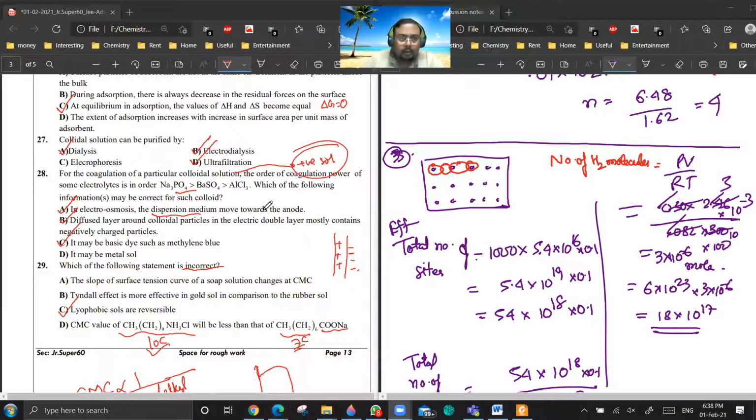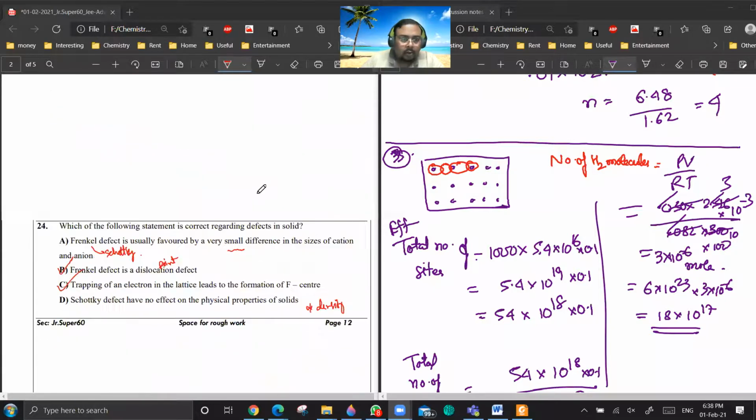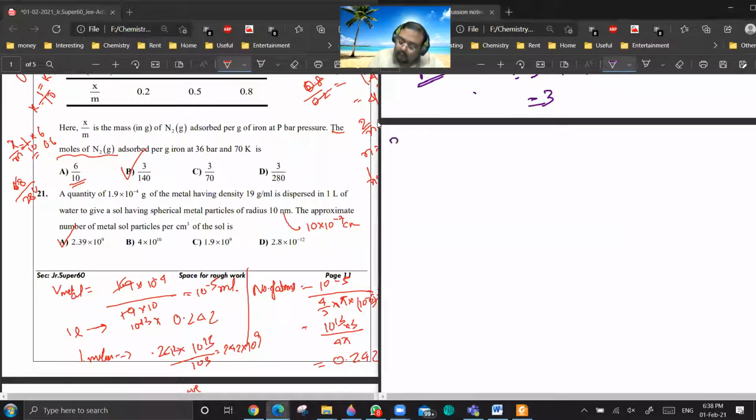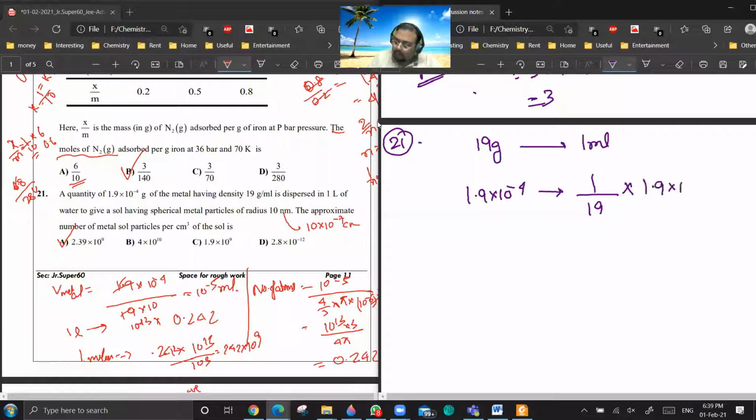Sir, can you explain 21? Yes, definitely. See, in 21, you have densities like 19 gram per ml. So you have 19 gram of metal occupying 1 ml volume. So 1.9 into 10 power minus 4 grams will be according 1 by 19 into 1.9 into 10 power minus 4 ml, or 10 power minus 5 centimeter cube, right?